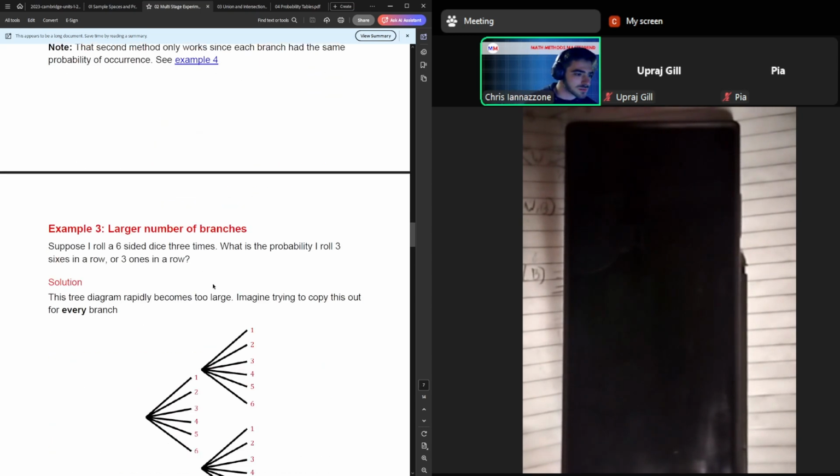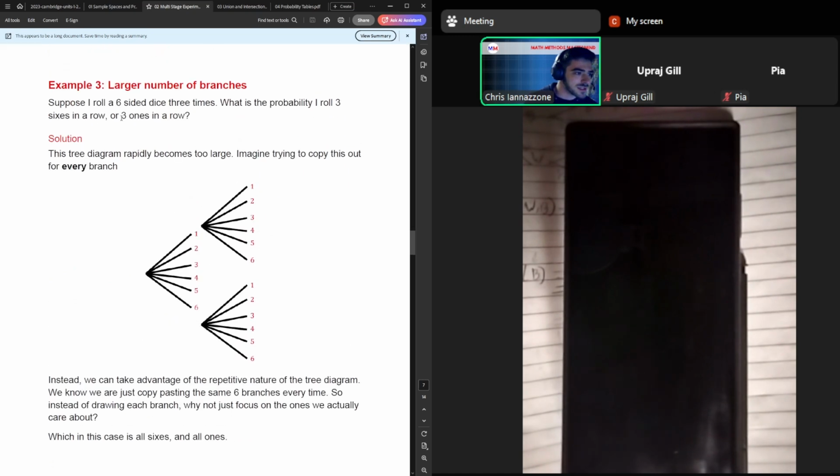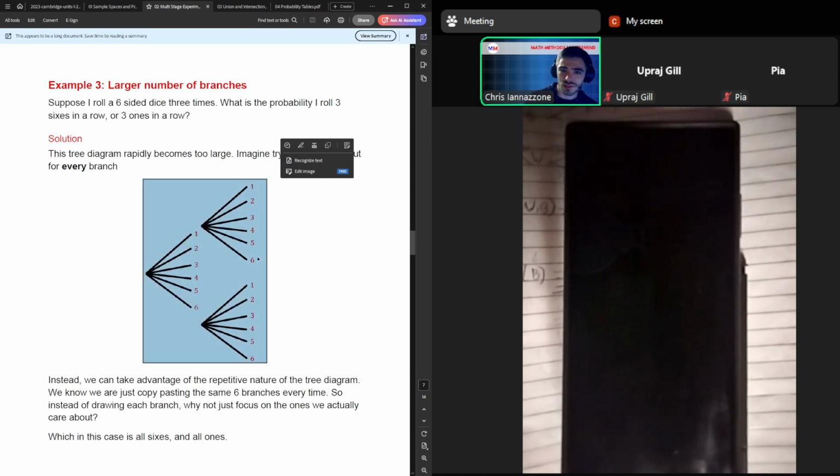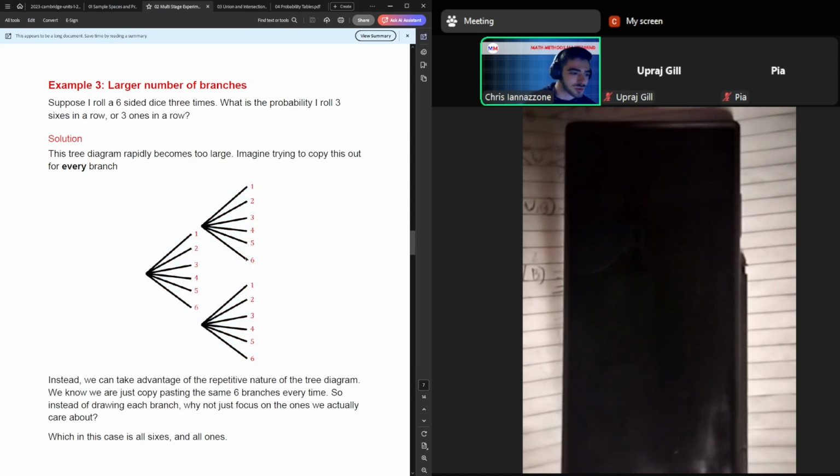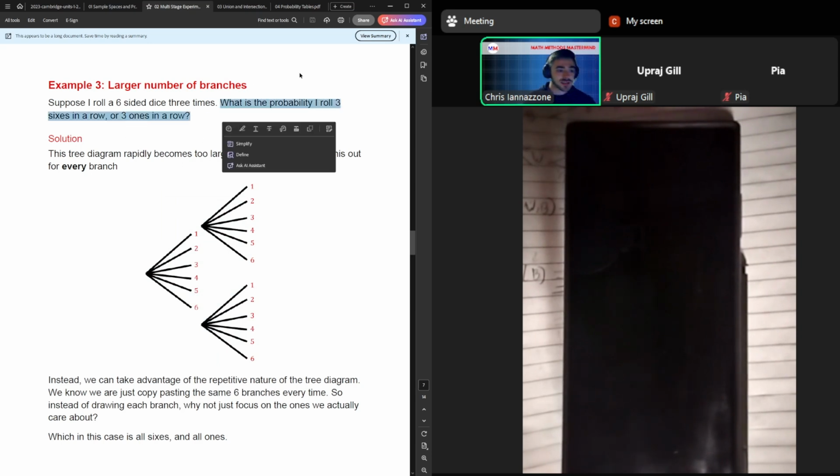Even if we're rolling a six-sided die just twice, this tree diagram becomes basically impossible to draw, because you'd have 36 different branches, 6 by 6. So one of the things you can do is simply look at the probability you're actually trying to find, and then only draw the parts that actually matter or contribute to that probability.